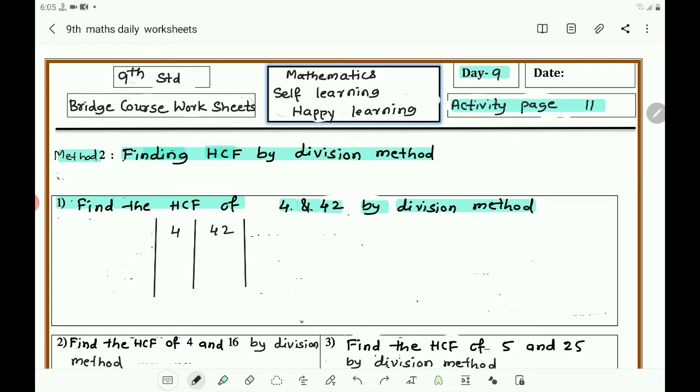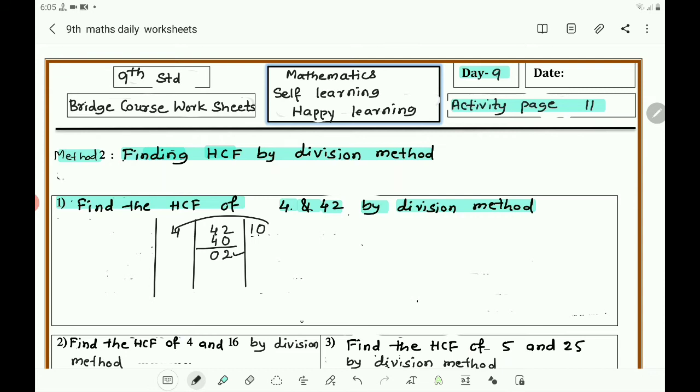So you divide here. You know that 4 ones are 4 and 0. Take down 2, and 2 is not divisible by 4. So here 2 is the remainder, and here you write 10 because 4 tens are 40.